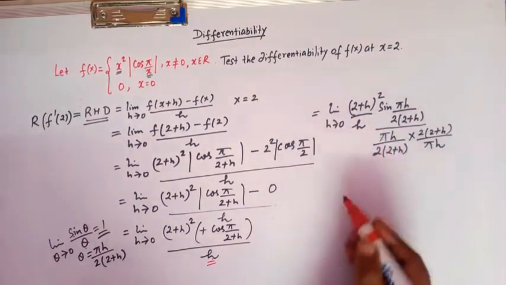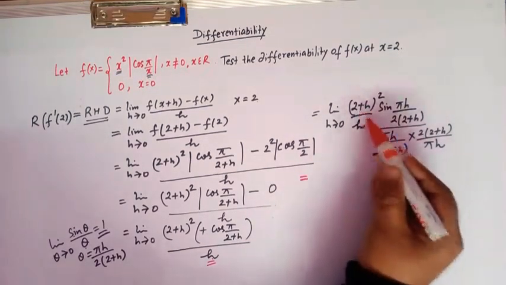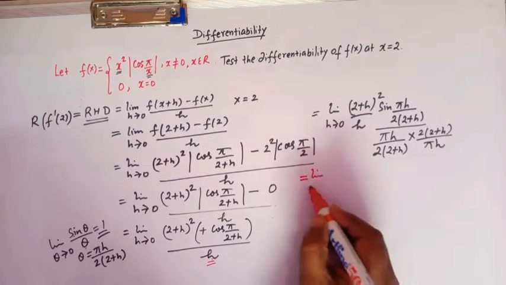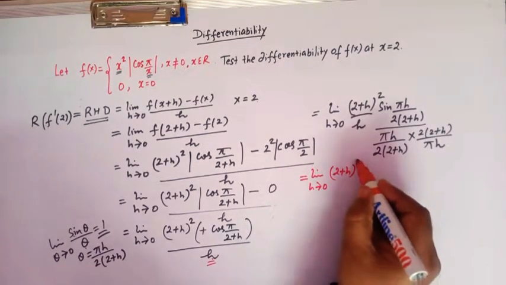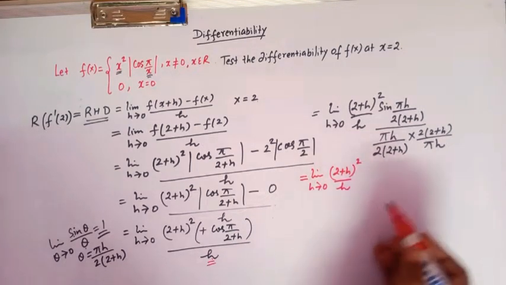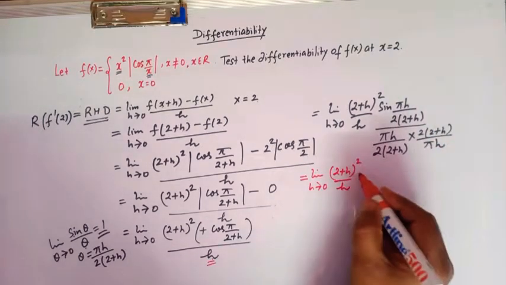So now viewers, here we see that this limit can be written as limit h tends to 0, (2 plus h) whole square over h, and we can take this pi h to the numerator.